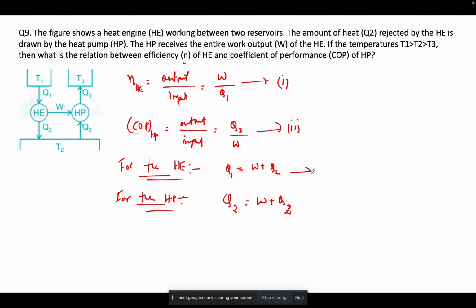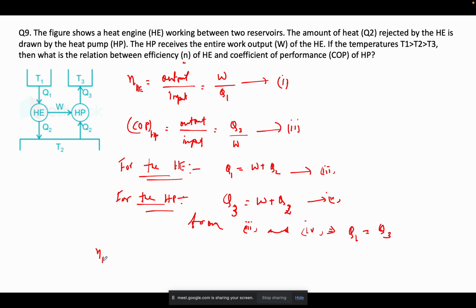So from these two equations, from 3 and 4, what we got? We got Q1 is equal to Q3. Now see in these two expressions, W are the same, only difference is Q1 and Q3, and again we got Q1 and Q3 are the same.